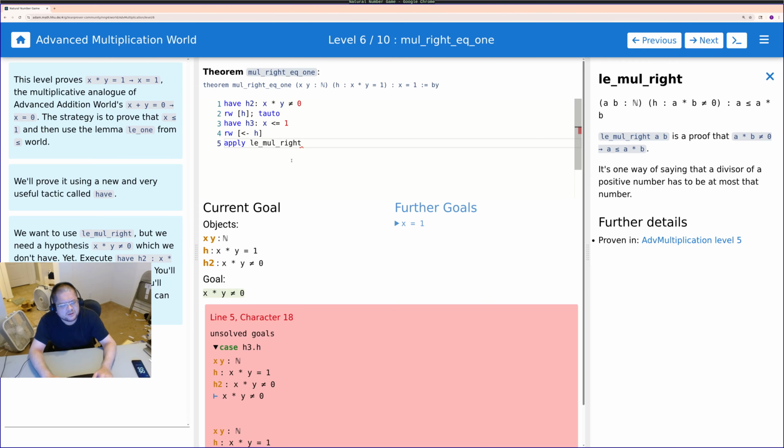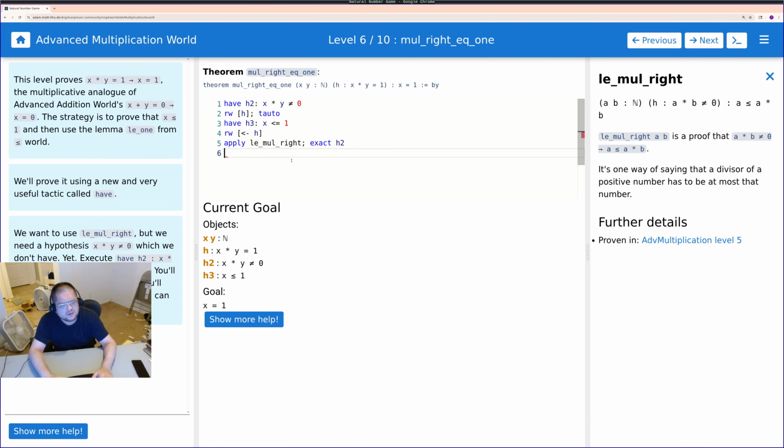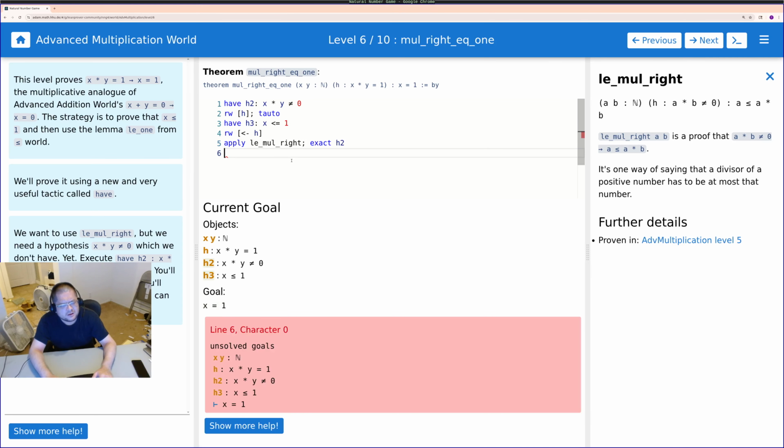X times y not equal to 0. In fact, H2. Alright. So we have x less than or equal to 1, and we have to prove that x equals 1.